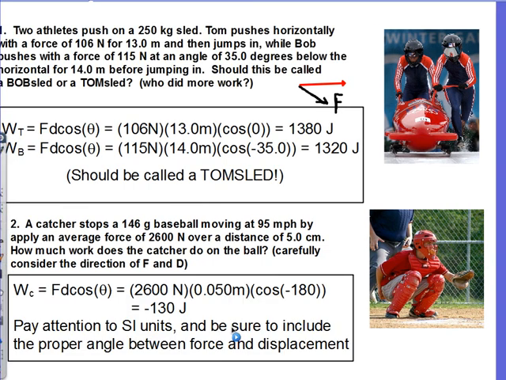Now down here, the catcher, he actually does negative 130 joules of work, and hopefully you paid attention to the fact that that has to be put into meters, and there is an angle of 180 degrees between the way the force is exerted and the way that the object is moving. And so these two things are in opposite directions, so we get that negative in there.